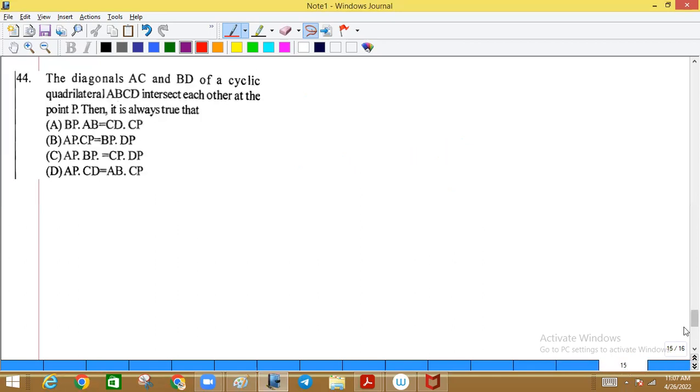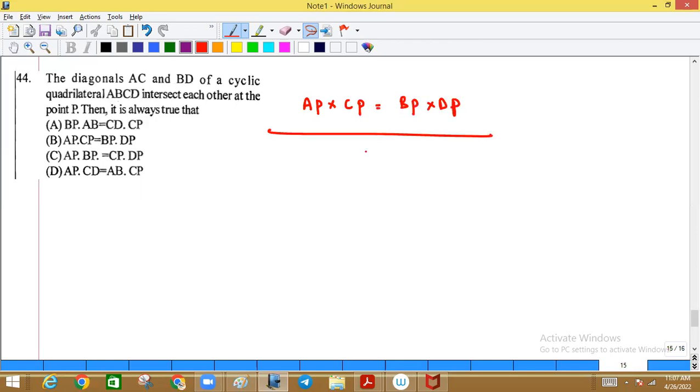Diagonals AC and BD of the cyclic quadrilateral ABCD intersect each other at the point P. Then which is always true? When two chords intersect, we know that AP into CP is equal to BP into DP.